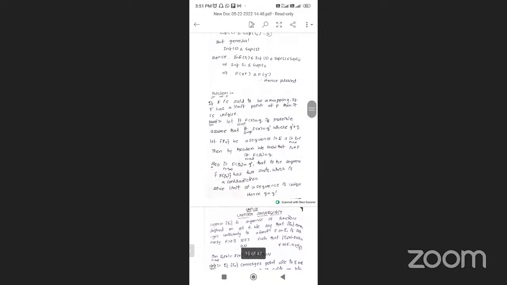This is about a mapping having a unique limit point, the normal definitions.